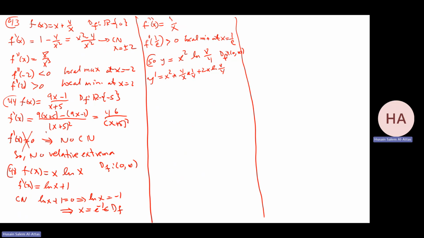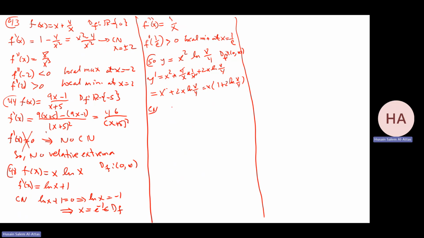Which is x times, this is cancelled, huh? Let me do it in two steps: x plus 2x ln x over 4. In other words, I can take x as a common factor. The remaining is 1 plus 2 ln x over 4.